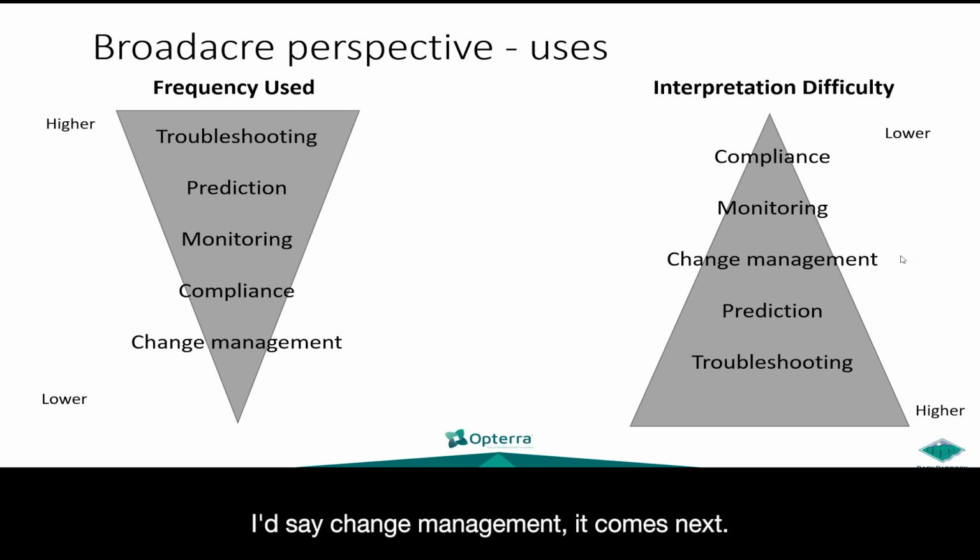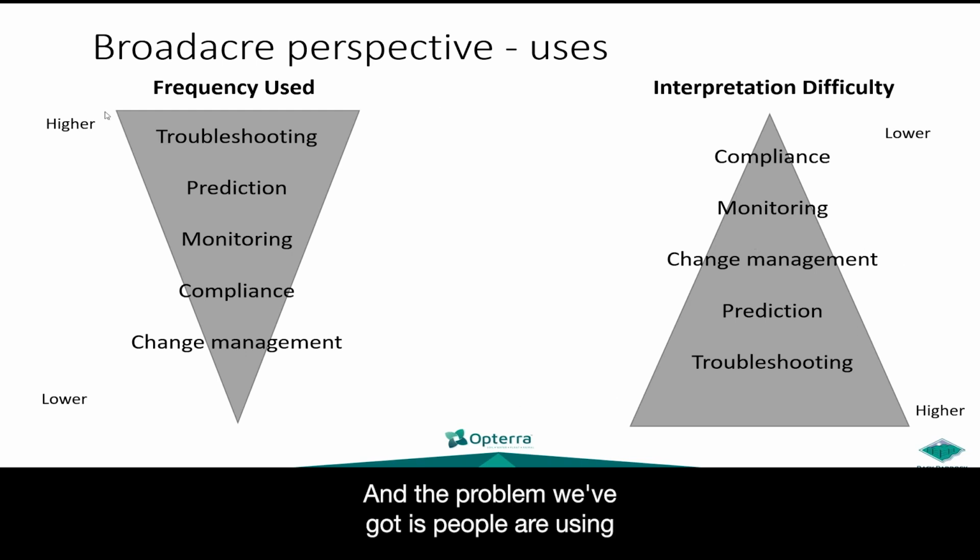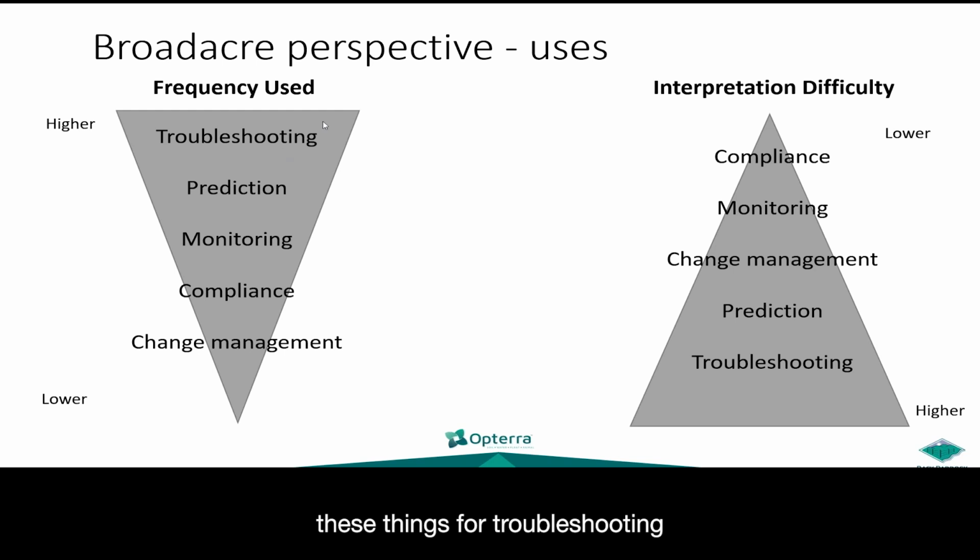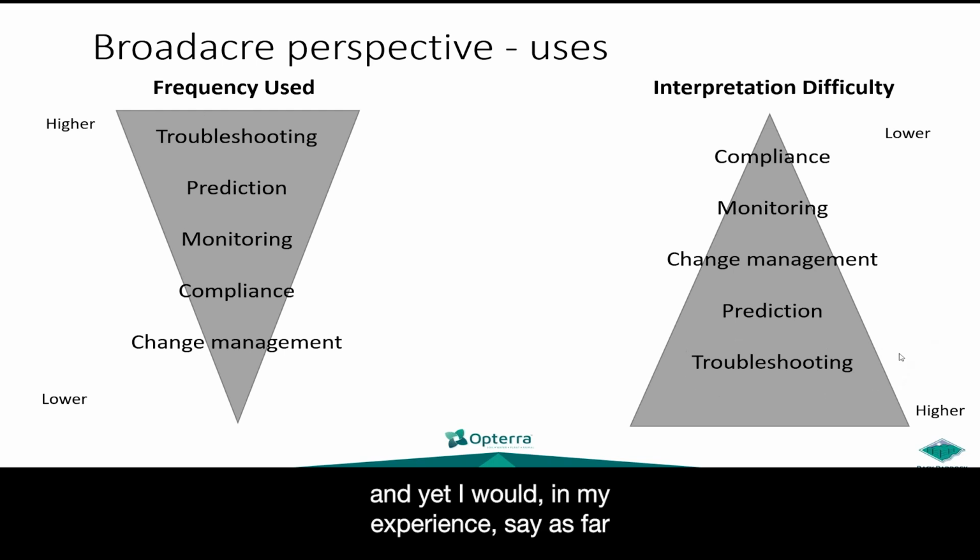I'd say change management comes next, and the problem we've got is people are using these things for troubleshooting, and yet in my experience, as far as interpreting what's going on, it is the most difficult.